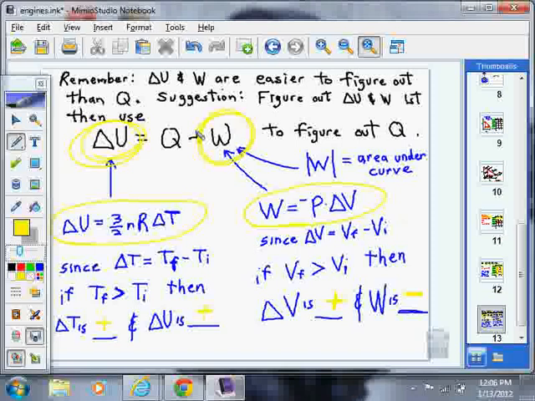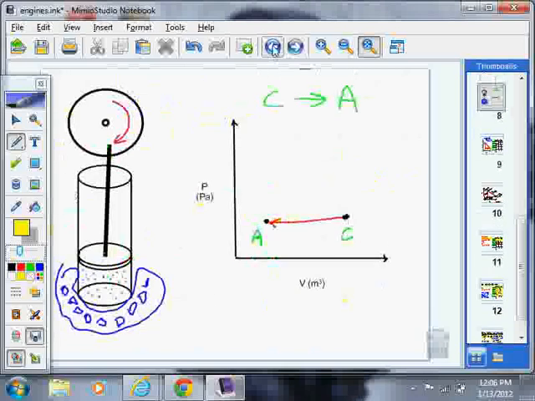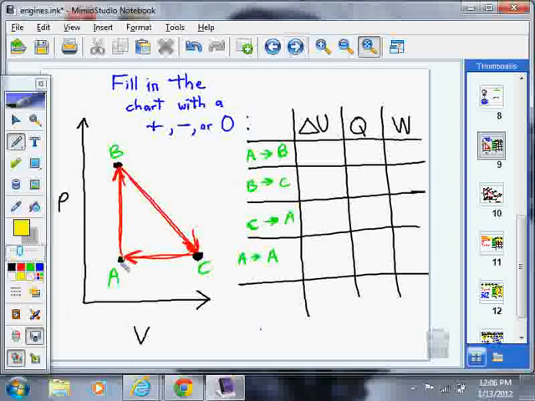The last thing that I wanted to say, if you start at a point, and that point has a temperature, and then you go through the whole process, 1, 2, 3, and you end up at that point, back at the same temperature, what's going to be your total change in temperature for the whole process? 0.